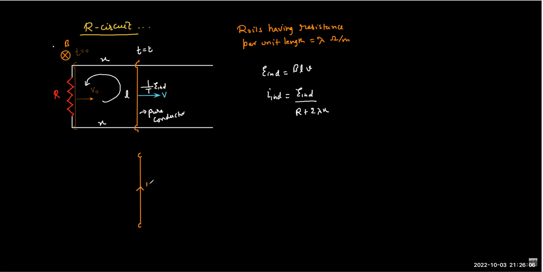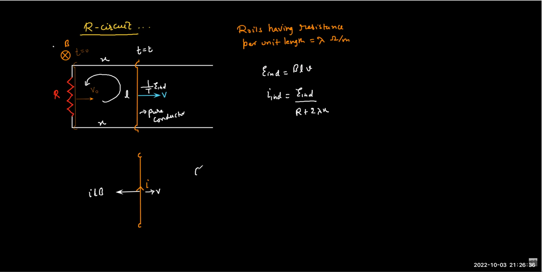This is the direction of I induced. And if you write ILB, L cross B, L upward and B inside, so L cross B will give you left force. So we know that the force will oppose the motion, and that is what we have discussed many a times. So the force which is ILB will oppose it, but the velocity at that instant is forward, and therefore it will create retardation.